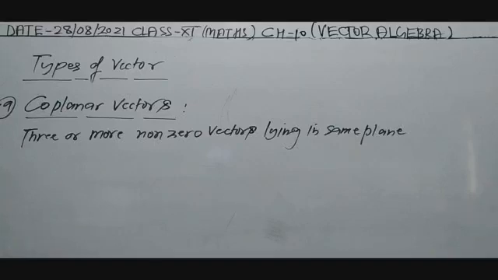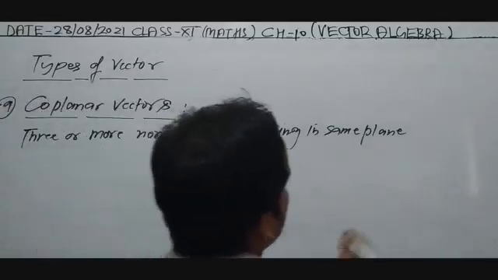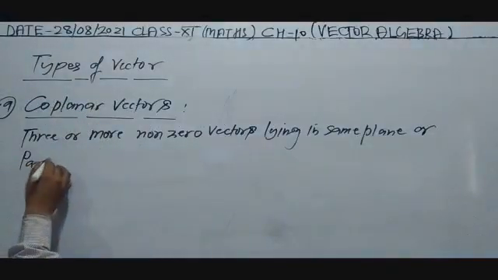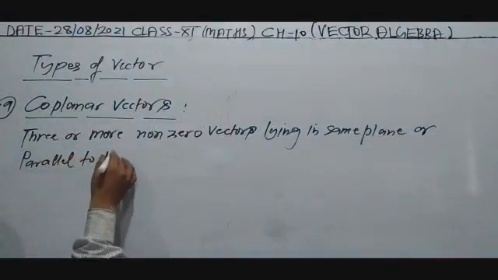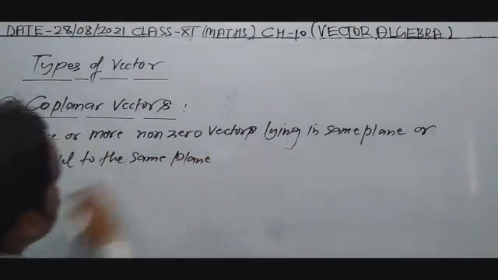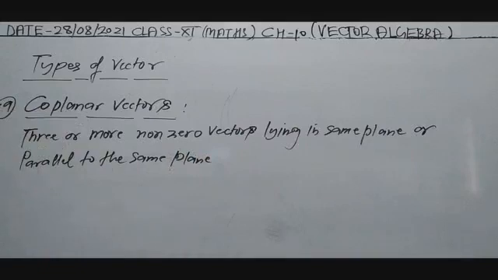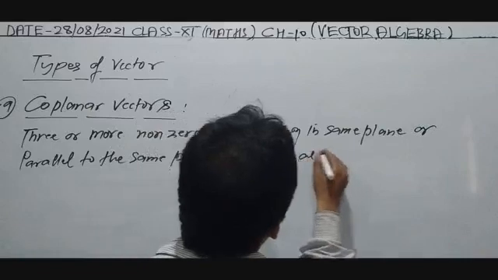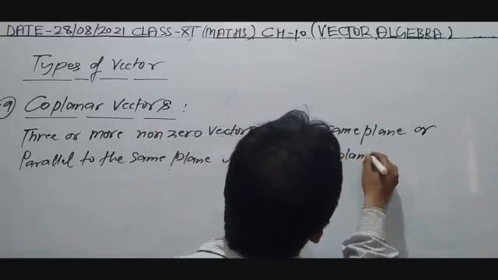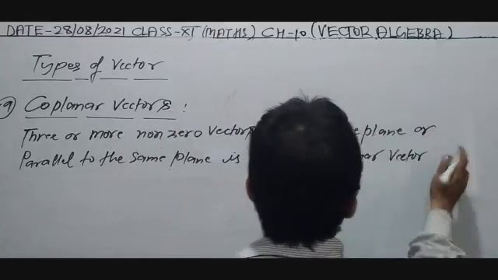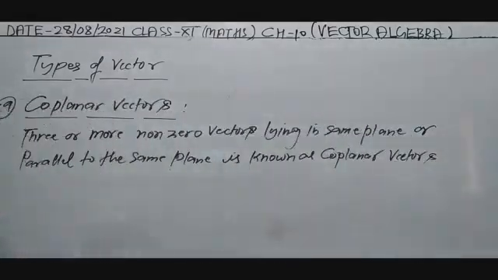Or in other words, vectors parallel to the same plane are known as coplanar vectors.